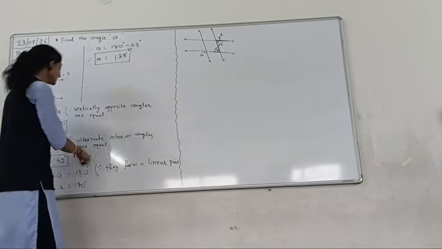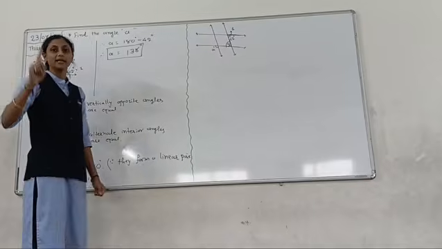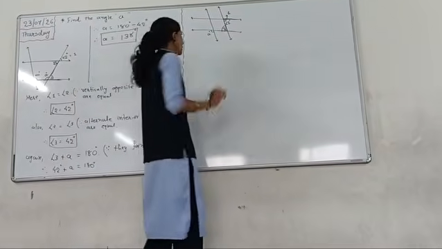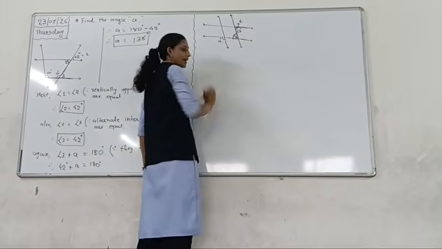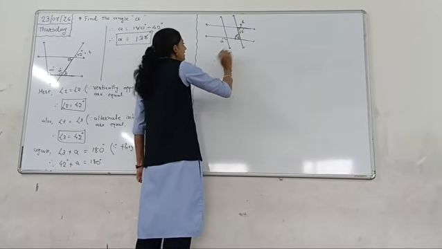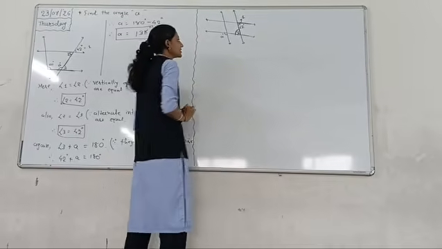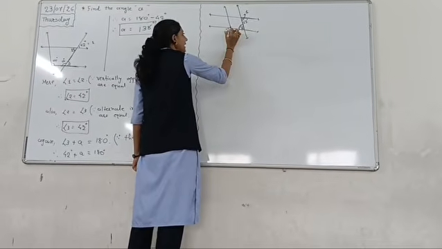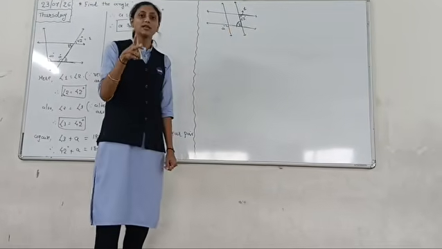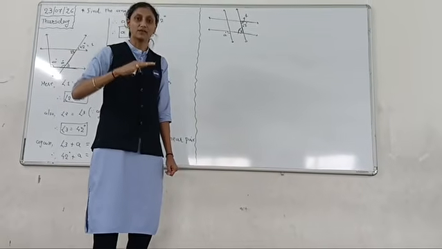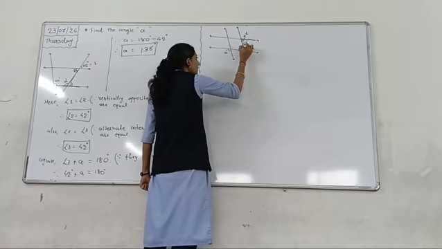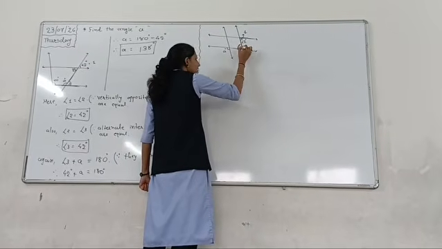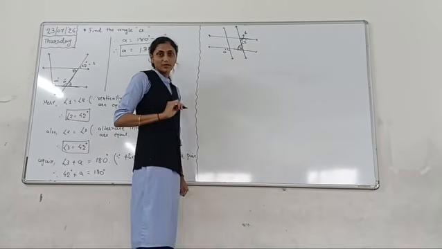So we are again using this property that alternate interior angles are always equal. Now this is an alternate interior angle, so we will get this. Now what to do? Look, we have to go up to here again. You can also say these and these are co-interior angles on the same side of the transversal, so you can choose that property. Or these straight lines form a linear pair, so we can use that as well.